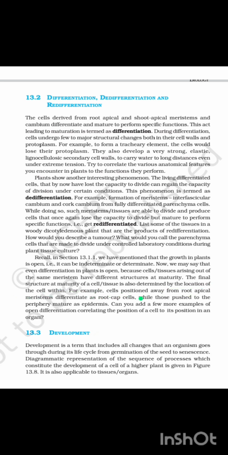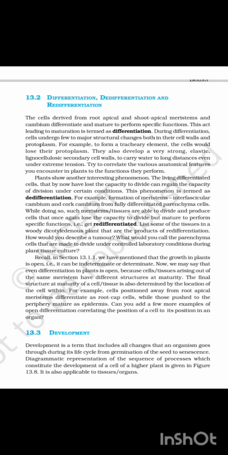For example, cells positioned away from the root apical meristem differentiate as root cap cells, while those pushed to the periphery mature as epidermis. Can you add a few more examples of open differentiation, correlating the position of a cell to its position in an organ?